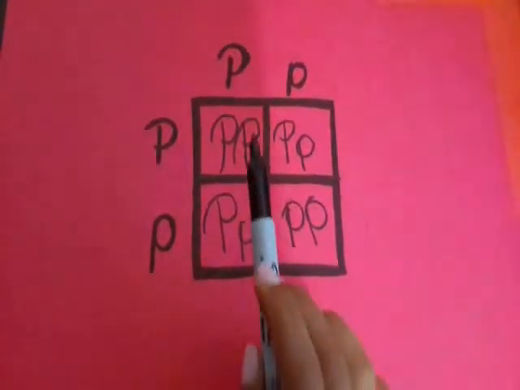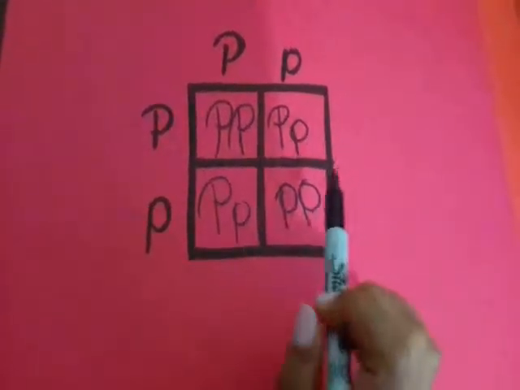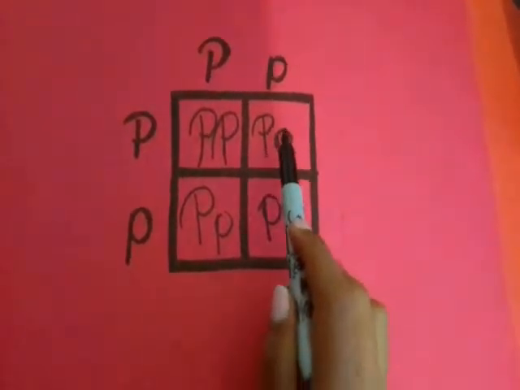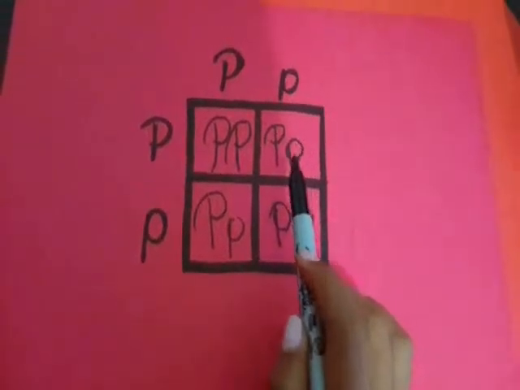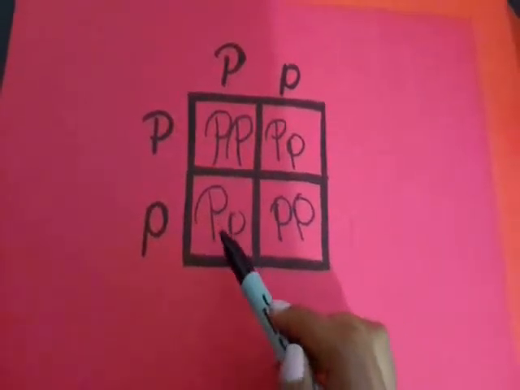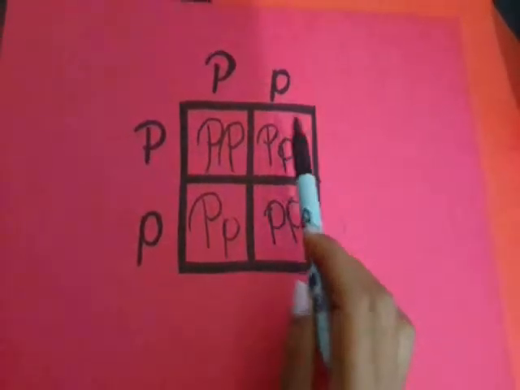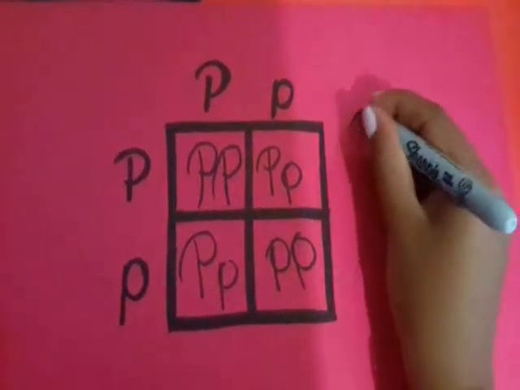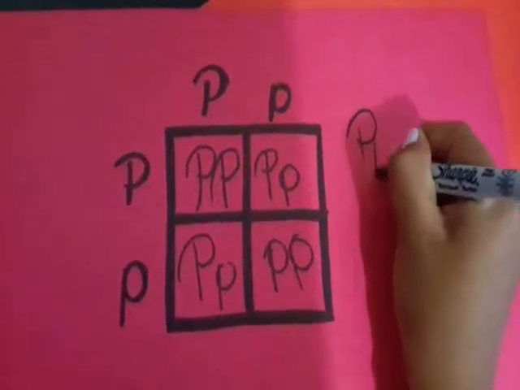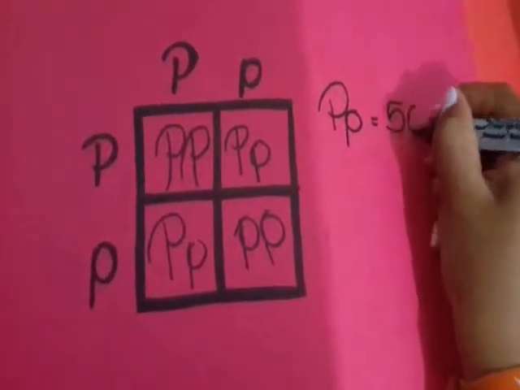Each square represents 25% of 100%. So we're going to see that capital P and lowercase p is repeated 2 times, and if each square is 25%, we are going to find that capital P and lowercase p is going to equal 50%.